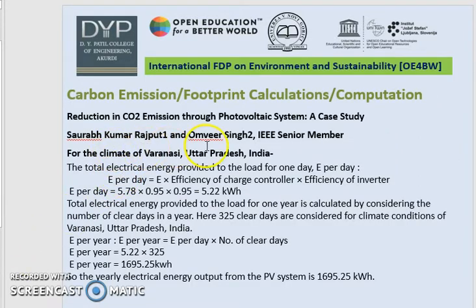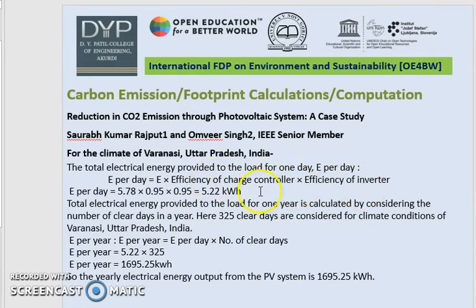Now this is the case study paper I have chosen from the internet: reduction in CO2 emission through photovoltaic system, a case study. The authors are Saurabh Kumar and Ombir Singh, and they have used the site Varanasi, Uttar Pradesh, India. The total electrical energy provided to the load for one day is E per day equal to E into efficiency of charge controller into efficiency of inverter.